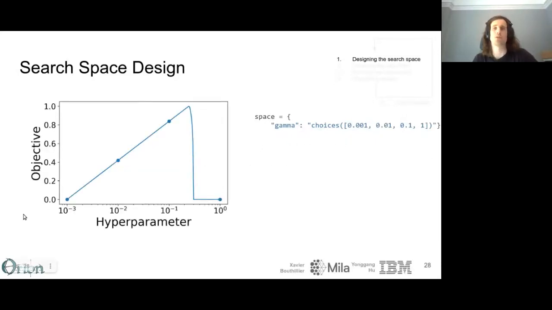Some may be tempted to turn a real hyperparameter into categories. Like, for instance, here, gamma, just use a list of 0.001, 0.01, and so forth, to make it maybe more concise or more clean.